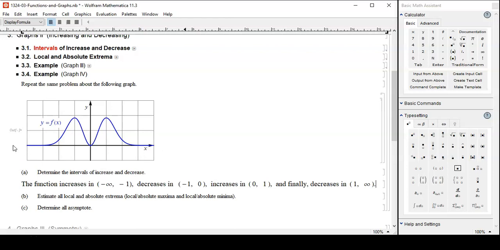From negative infinity to negative 1, graph goes up, so that's increasing. From negative 1 to 0, graph goes down, so that's decreasing. From 0 to 1, graph goes up, so that's increasing. And again, 1 to infinity, graph goes down, so that's decreasing. That's how you can answer intervals of increase and decrease. Remember, look at the x coordinate only.